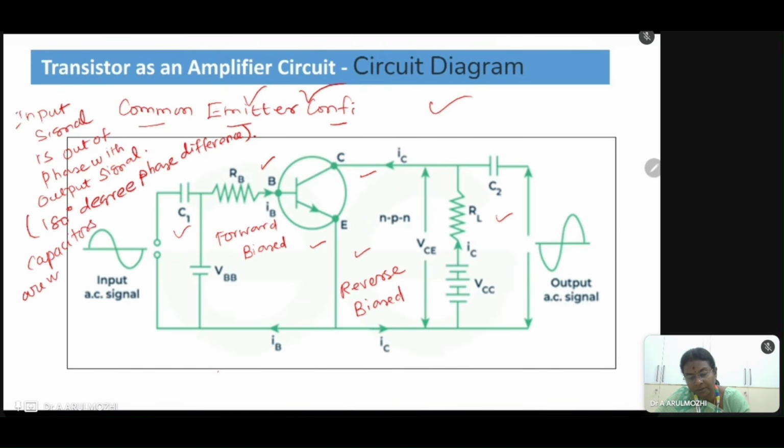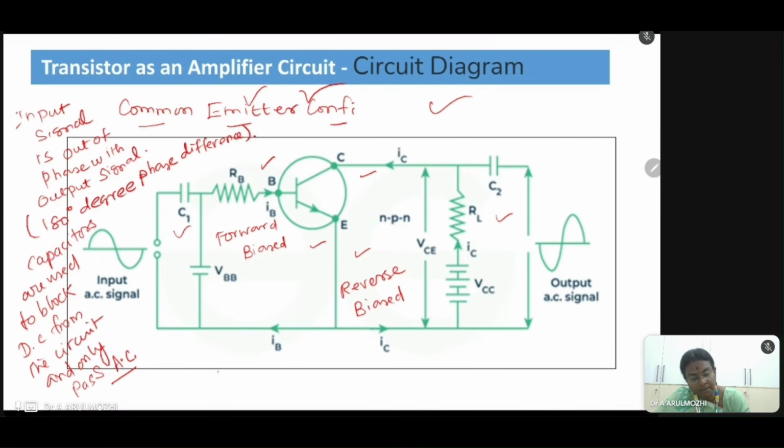Capacitors are used to block the DC, direct current, from the circuit, and only pass alternating current. So they are used to block the direct current and to allow the alternating current.